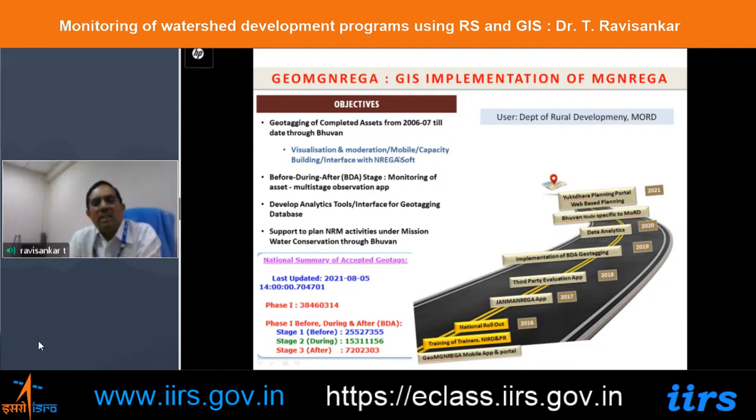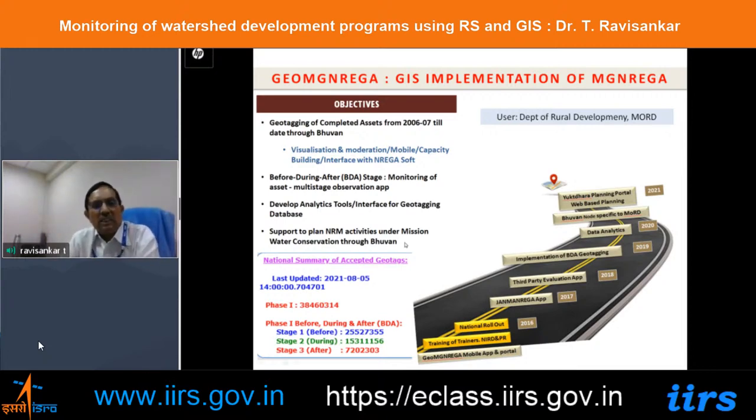See, these are already implemented, but as a scientific institute, we have advised the ministry to have this planning portal, because any NRM activities can be planned on scientific inputs, so that the impact can be much more when you go to assess the impact evaluation of this Manrega program.